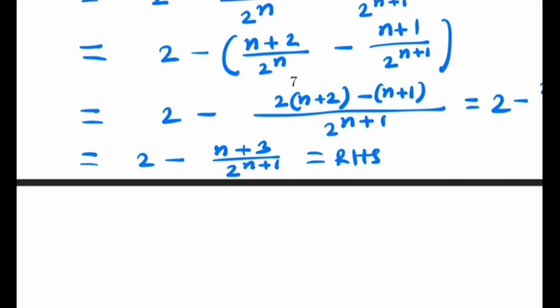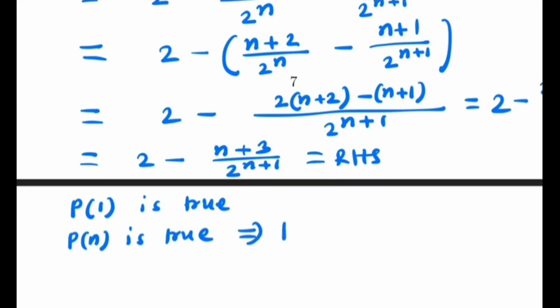So what we have got so far? First we show that P(1) is true, and then by assuming P(n) is true, we prove that P(n+1) is also true.